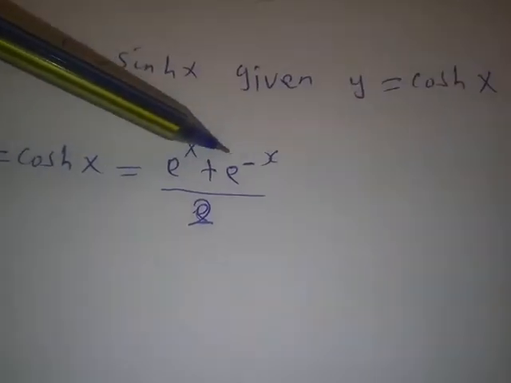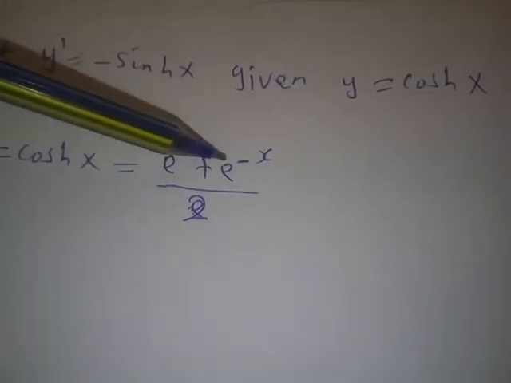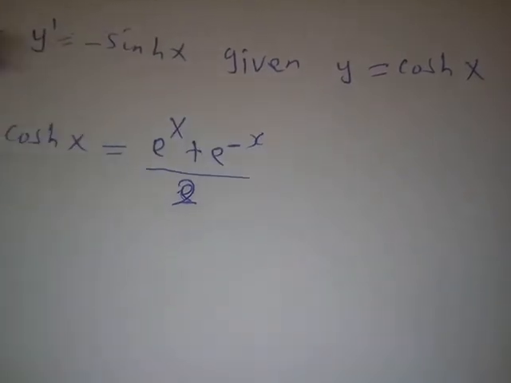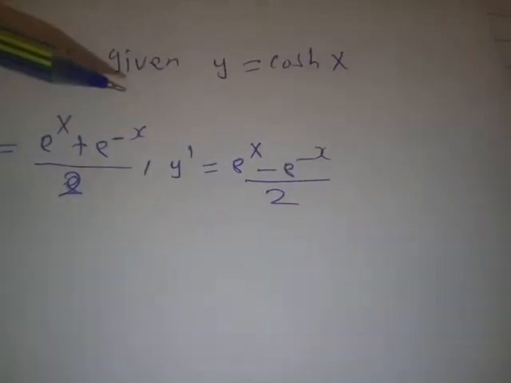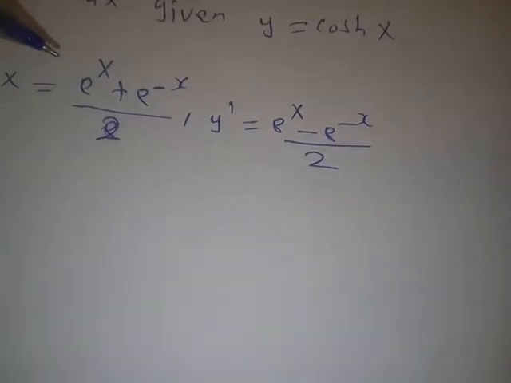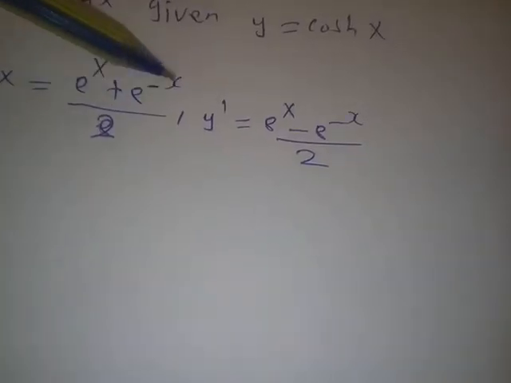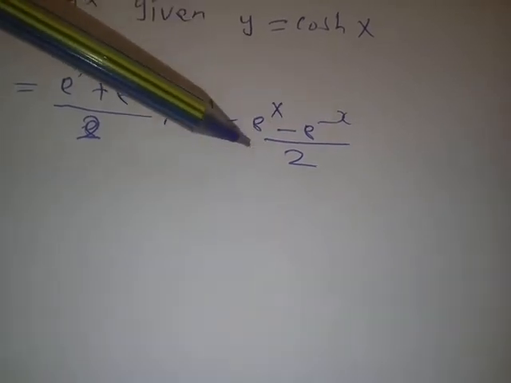So we differentiate this with respect to x to remain with the same. When we differentiate this with respect to x, this will become negative exponential negative x divided by 2.